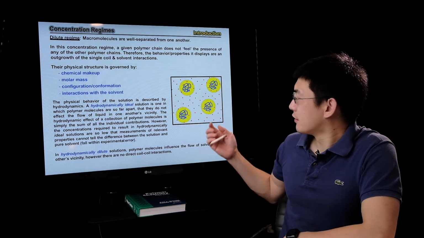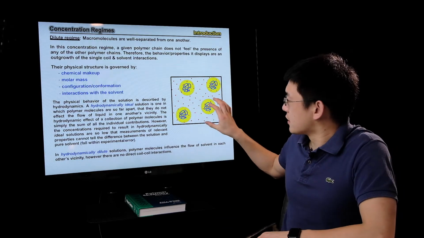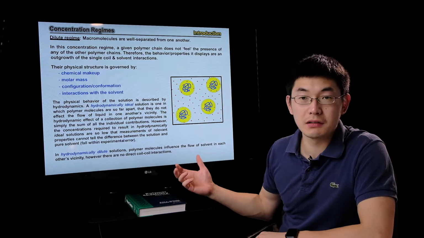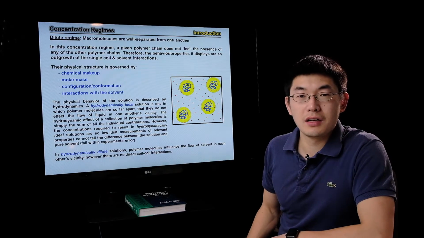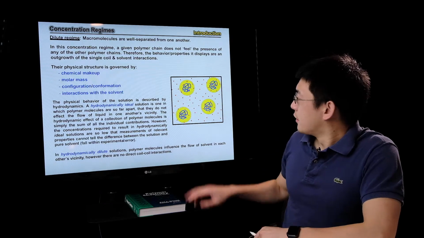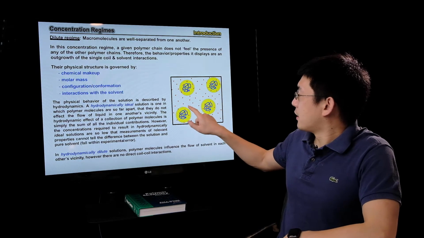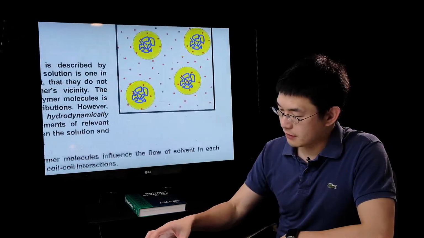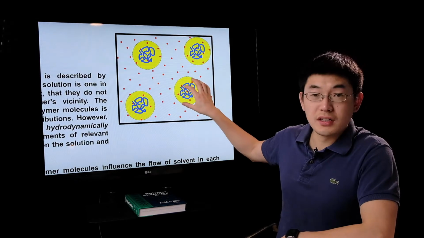So imagine like this, on this slide we see that each individual polymer coil is represented with yellow color, and you can see that this yellow coil is surrounded by red dots. These dots represent the solvent.